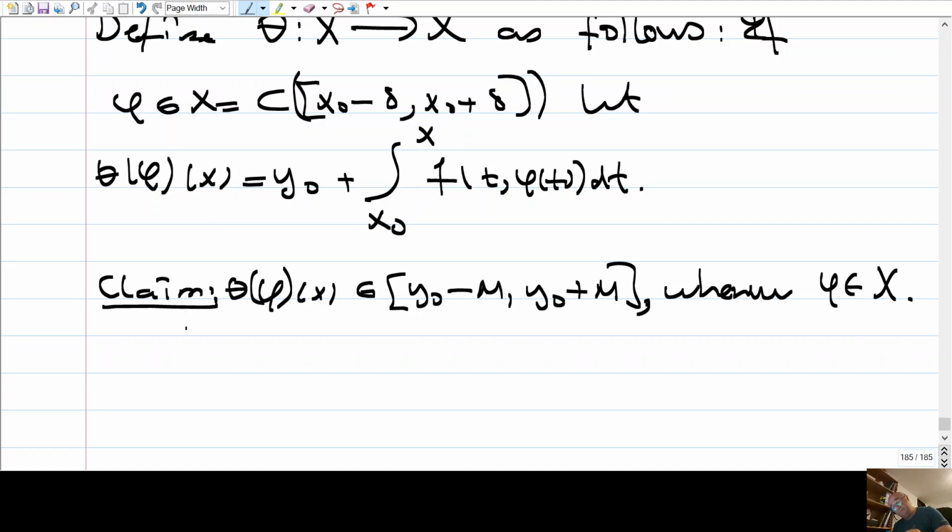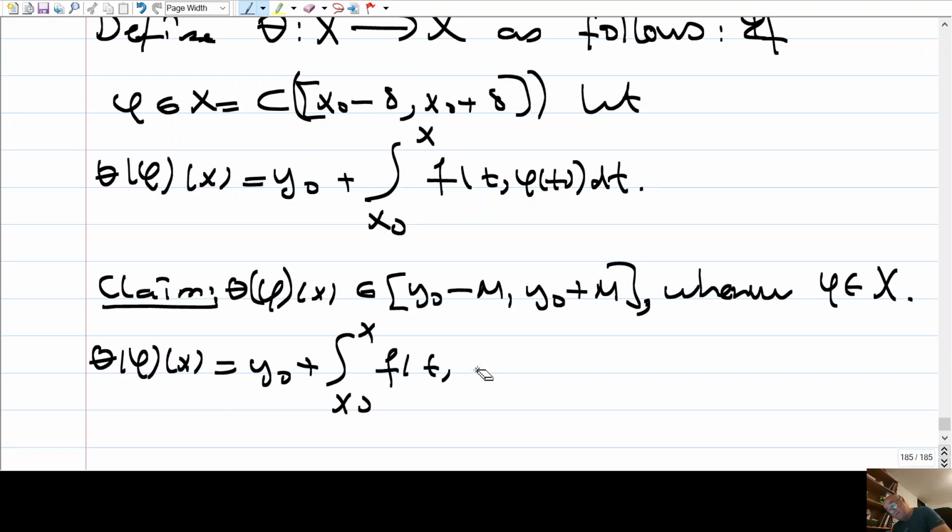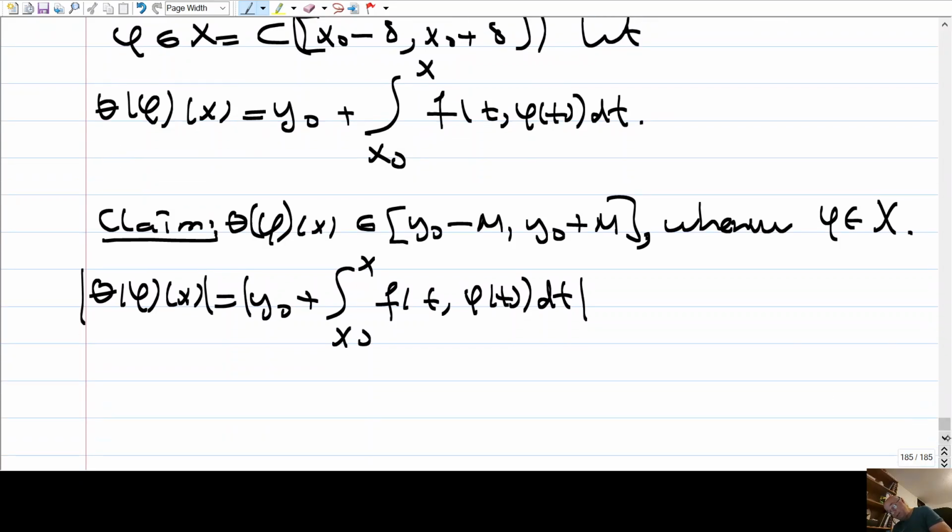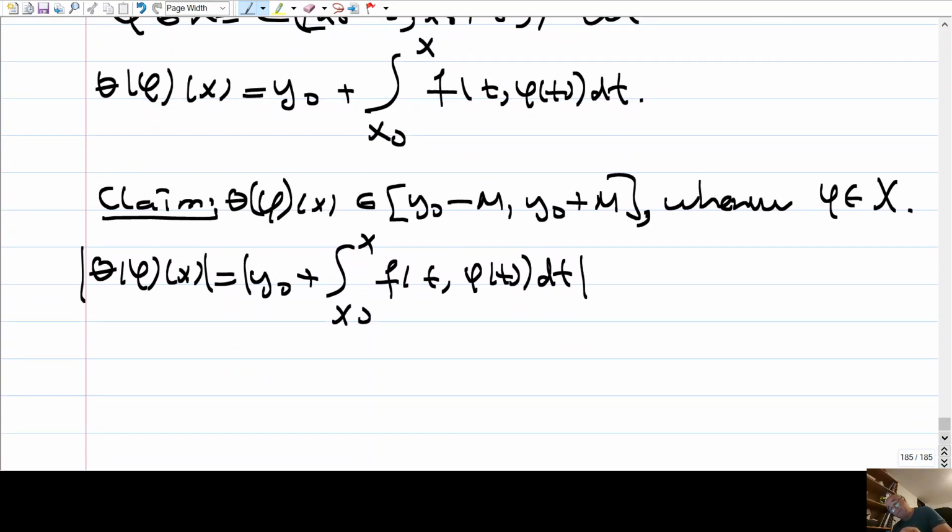Well, theta phi x is just y0 plus this integral. So its absolute value.